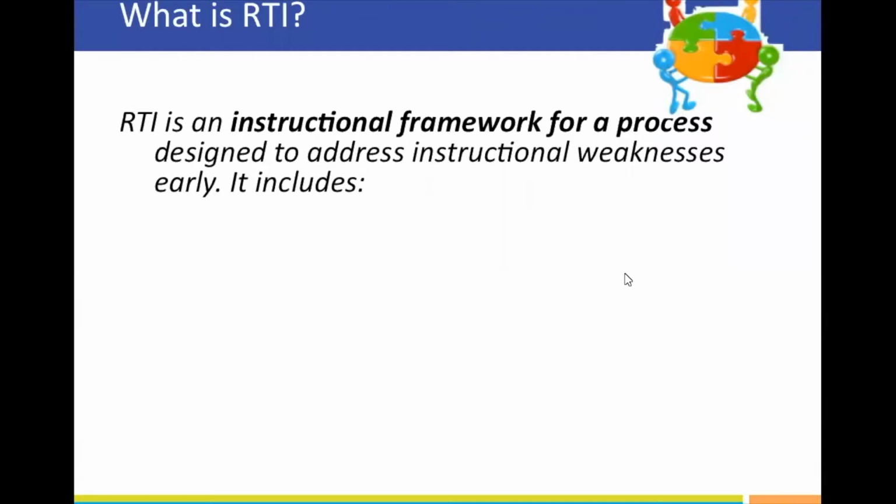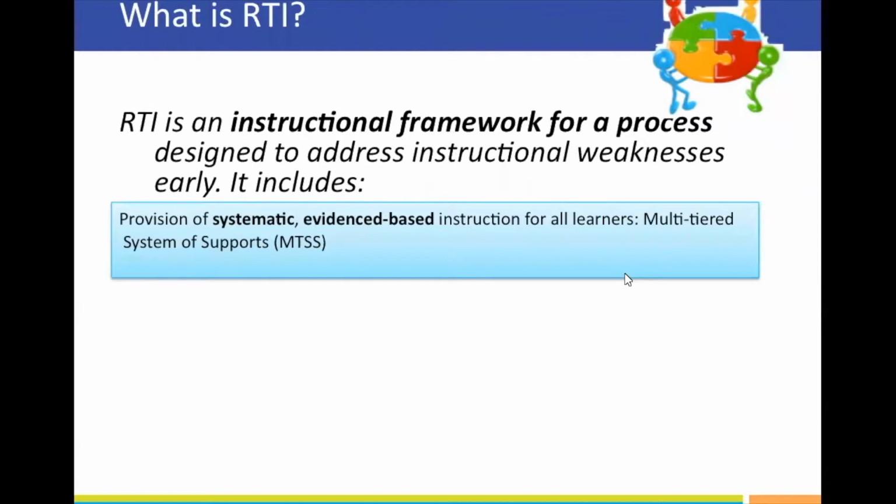The process includes a provision of systematic, evidence-based instruction for all learners, a multi-tiered system of supports, MTSS. RTI and MTSS are often used interchangeably. Other times, MTSS is meant to be a broader process, including behavior and social emotional. For our purposes, we will use response to intervention.